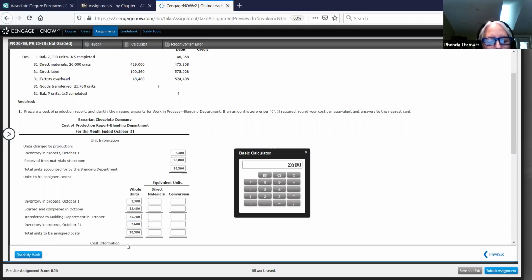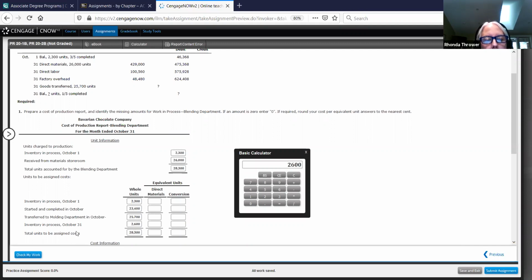Again, I got that by taking my total units that I have to assign cost to, and that was the total units that I've accounted for, minus what we transferred out, will leave me with what I have left over in ending inventory that I did not finish during this period of time.